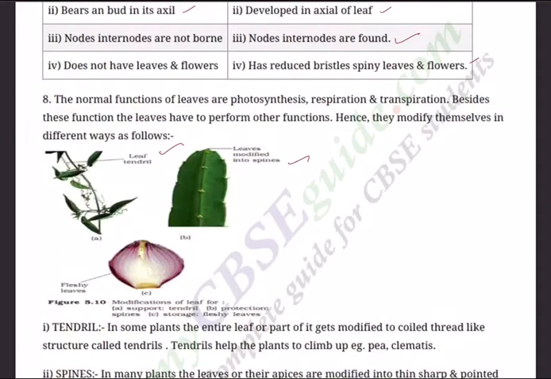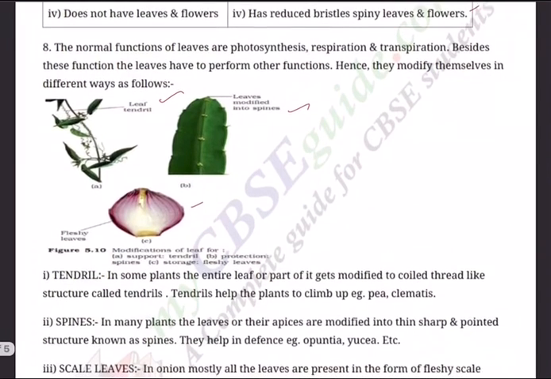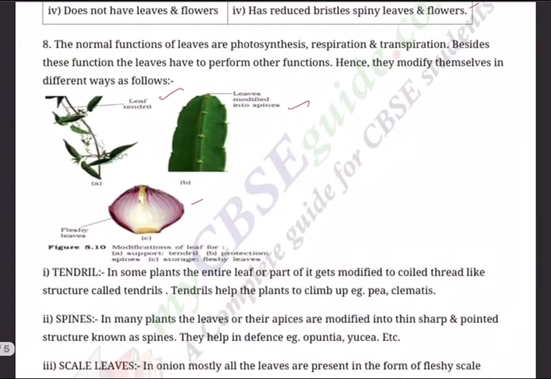This is for a double purpose. Defense, that is for self-defense. Animals will not dare to eat because spines are there. And the spines will also reduce the rate of transpiration. And then fleshy leaves, of course, underground, so there will be storage. It helps in storage of food material.